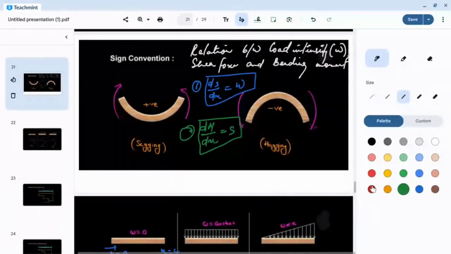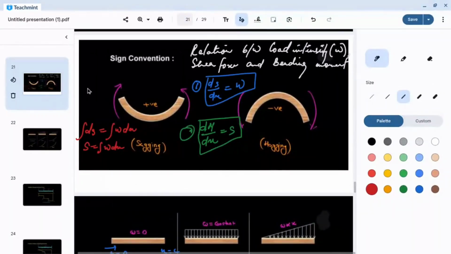Look at here. Integration of dS is equal to integration of w dx. So integration of dS means the shear force, so it is the integration of load with respect to x.